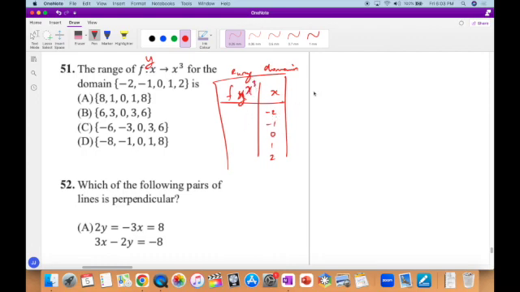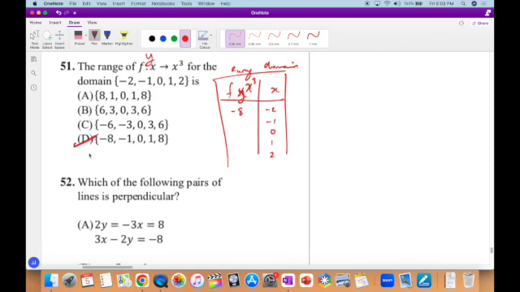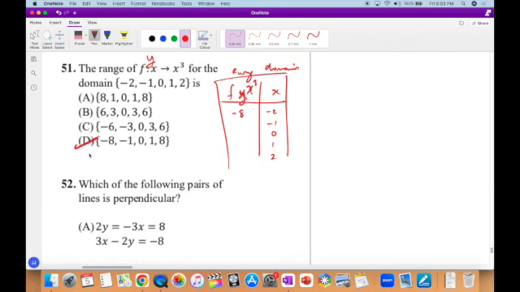So 2 2s are 4, 2 4s are 8, this will be minus 8, and this is the only one that has minus 8, so we could go with that one. Because this will be minus 1 cubed is minus 1, 1 cubed is 1, 2 cubed is 8, yep, it is D, just to make sure.